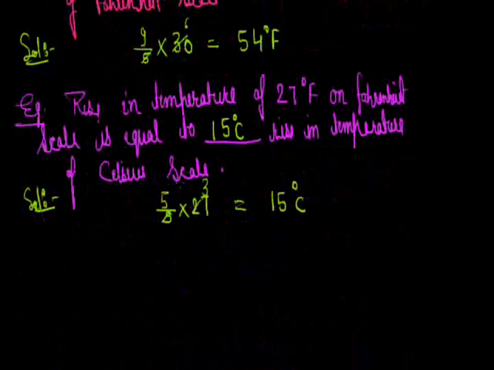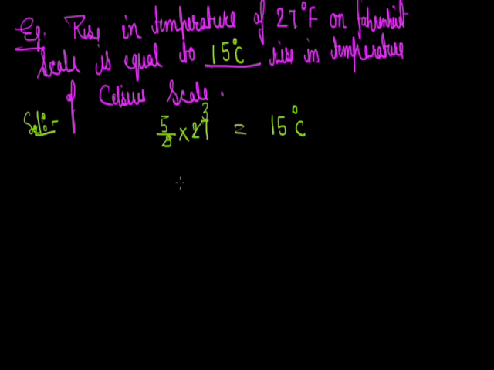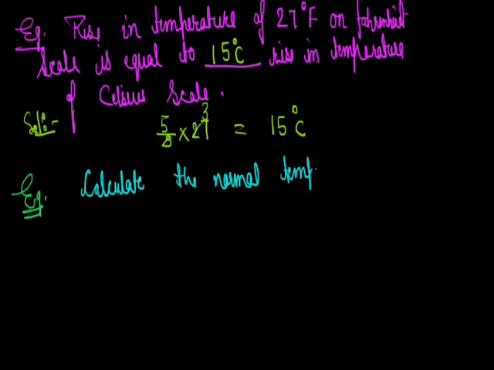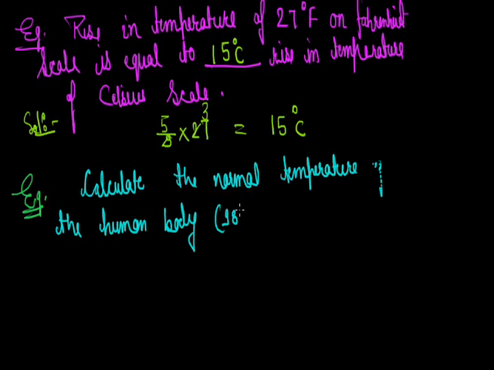Okay, so now the next example: calculate the normal temperature of the human body, 98.6 degree Fahrenheit, on the centigrade scale.